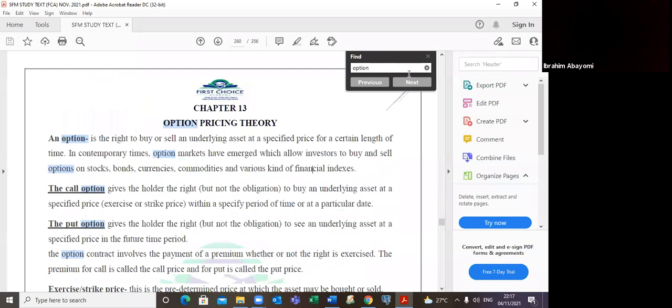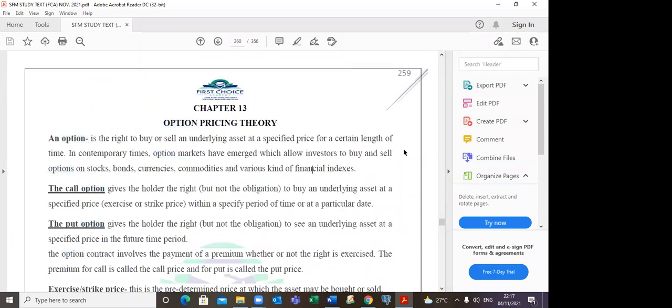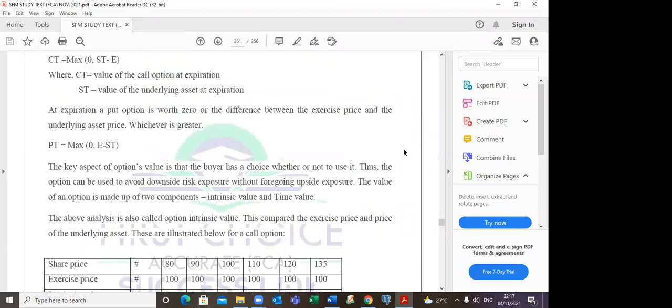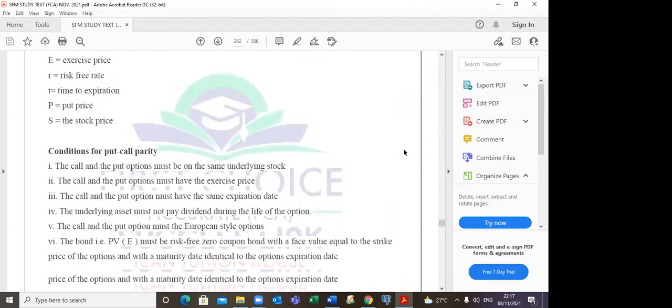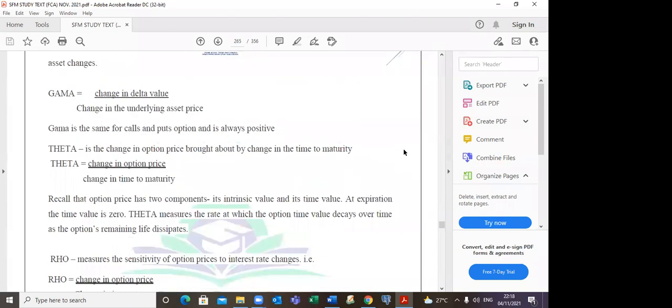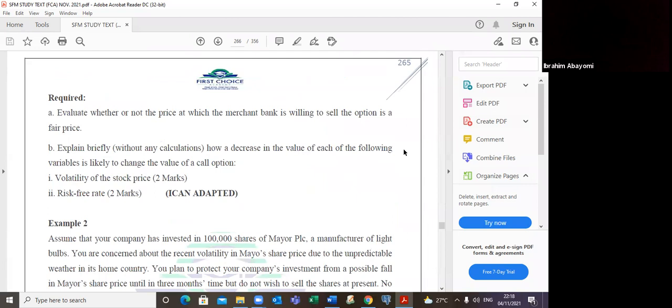Okay. So this is where we are. We have solved this question. Though we are left with requirement B. And what does requirement B ask us to do?